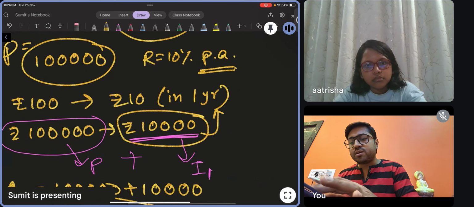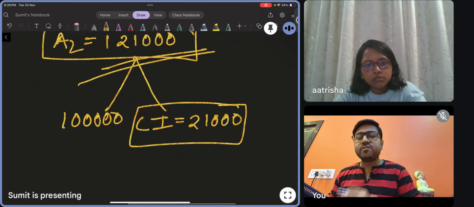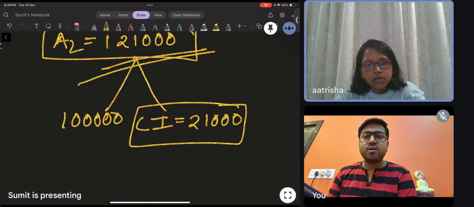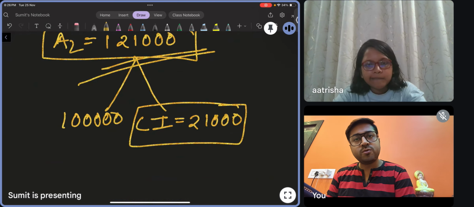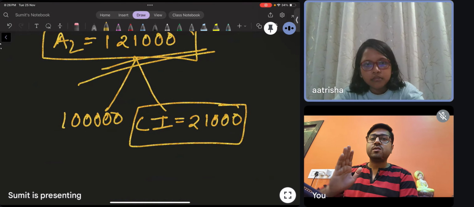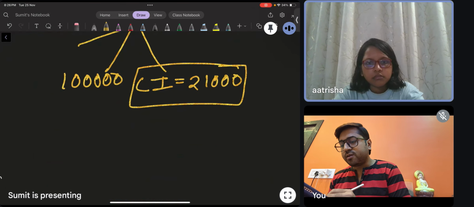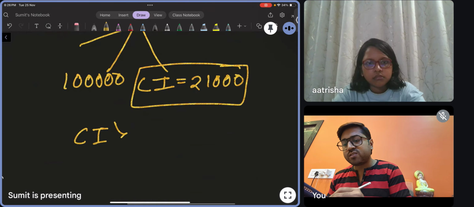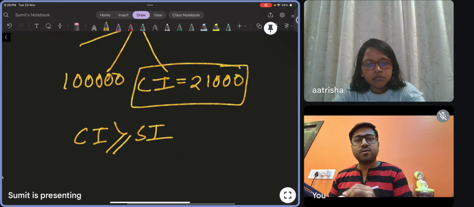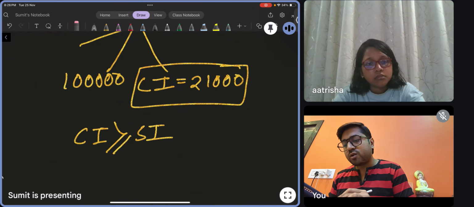But for 2 years, what was the compound interest? 21,000. So which one is more? Compound interest is more. So always remember, CI is always greater than or equal to SI.